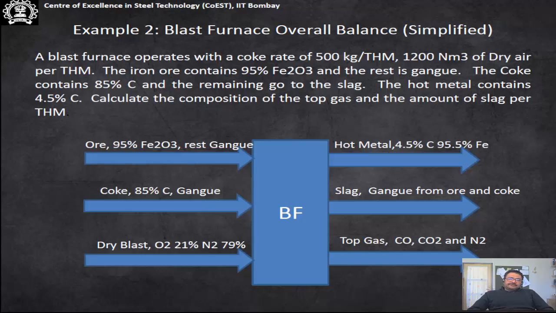Whatever impurities there are in the iron ore and coke, along with the fluxing agent, come out as slag.